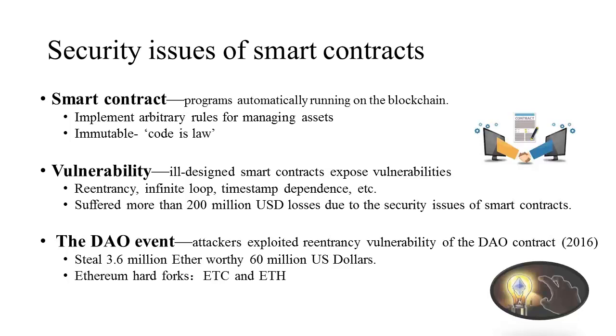Second, since smart contracts cannot be modified once deployed, developers are required to anticipate all possible states and environments the contract may encounter in the future, which is definitely difficult. Therefore, smart contract vulnerability detection before the deployment of a contract is very important.